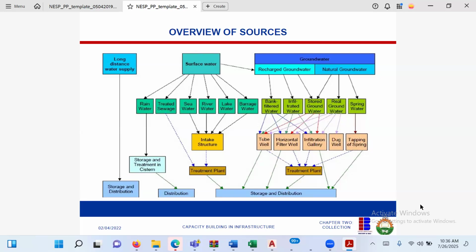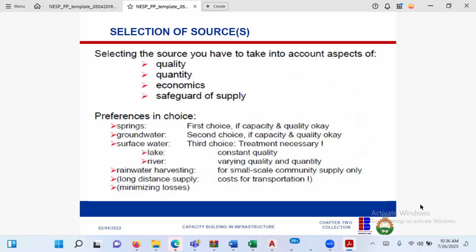Like I said, it's not much in southern Nigeria, but in northern Nigeria, this is something they have to go into, which they are already doing, tube wells. Then they can also have horizontal filter wells, okay? And then they can also have infiltration galleries. I'll show us pictures of all these things. Then if it is natural groundwater, we all know that one. You dig your well. If it's spring water, you find a mechanism to tap the spring. But all of them will still go to treatment. And from treatment, they go to distribution.